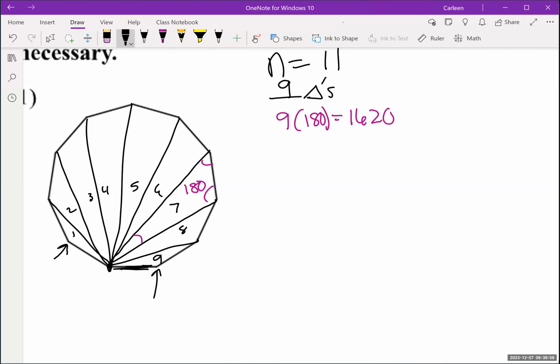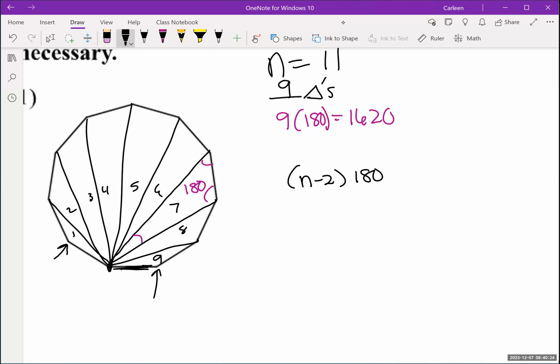Now, if we met every day, we would do a bunch of these and we would discover the formula. But I'm just going to tell you the formula. The formula is n minus 2 times 180, which makes sense. 11 sides, 9 triangles. We saw the pattern in one example. Just trust me, it happens in all of them.